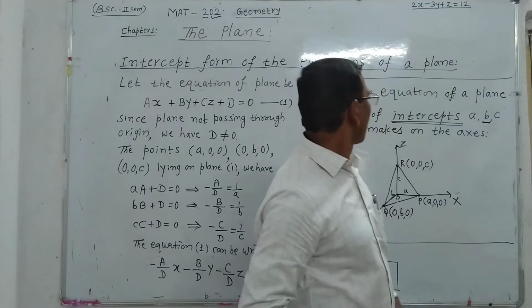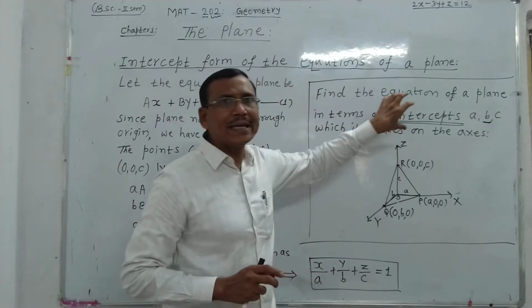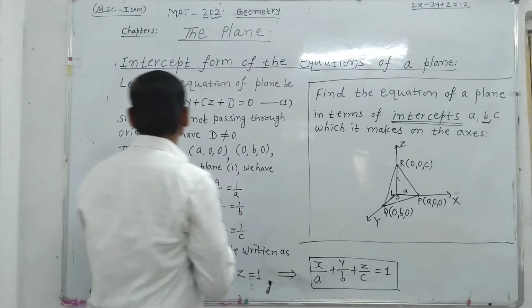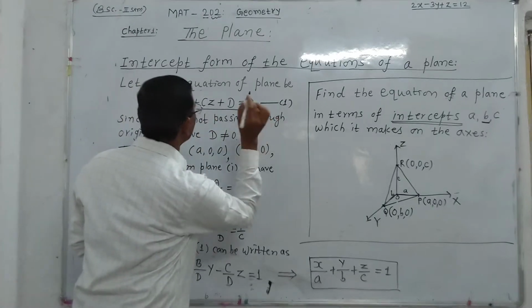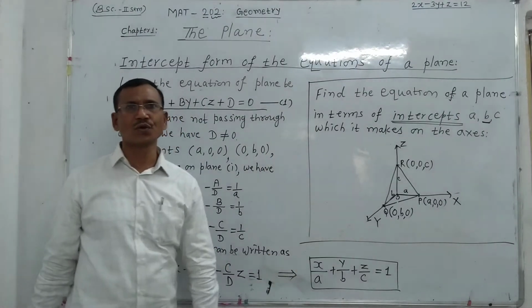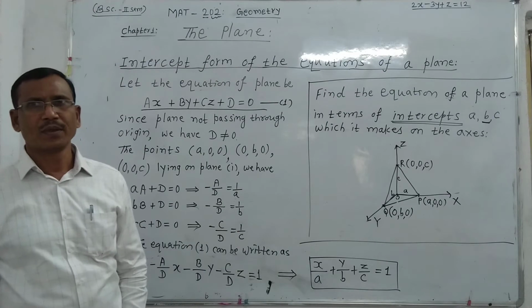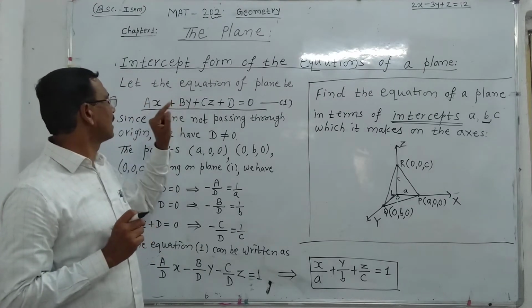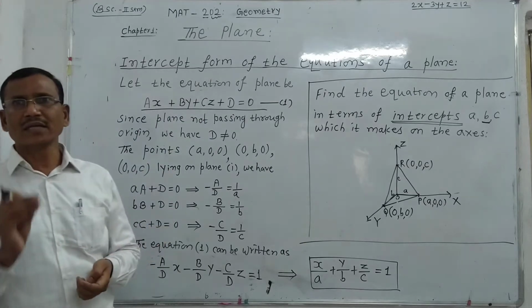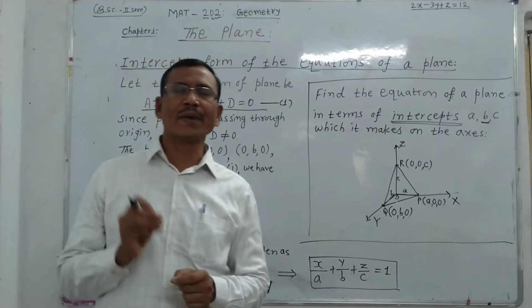Now to obtain the equation of plane in intercept form, we assume that the equation of plane is ax plus by plus cz plus d equals 0. Here a, b, c and d are the unknowns which are to be determined.